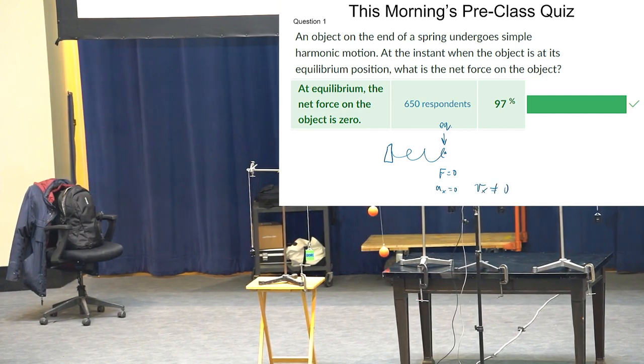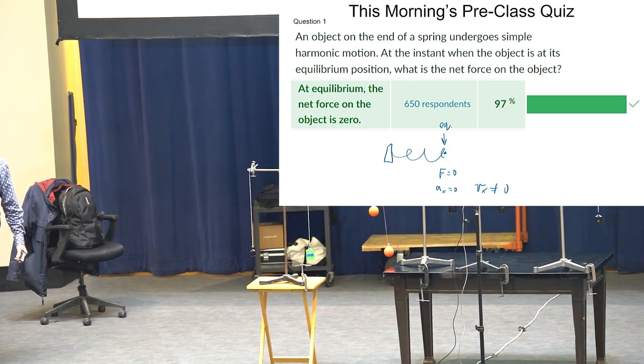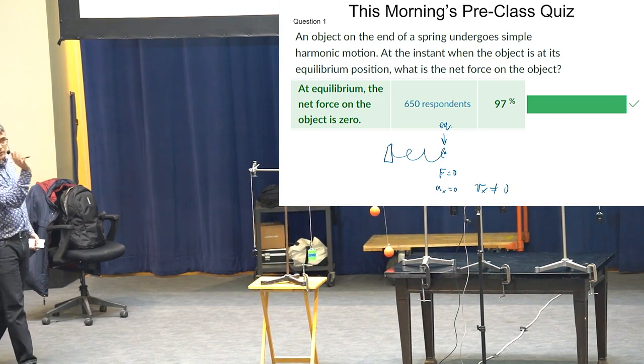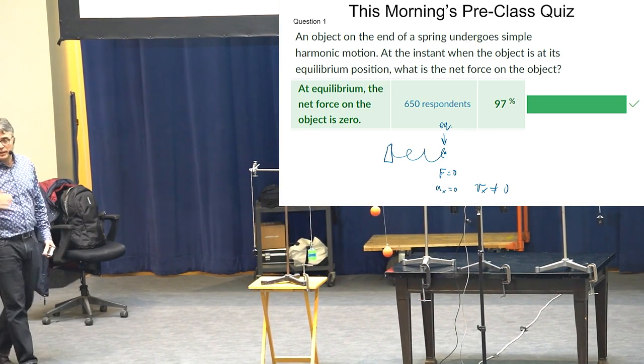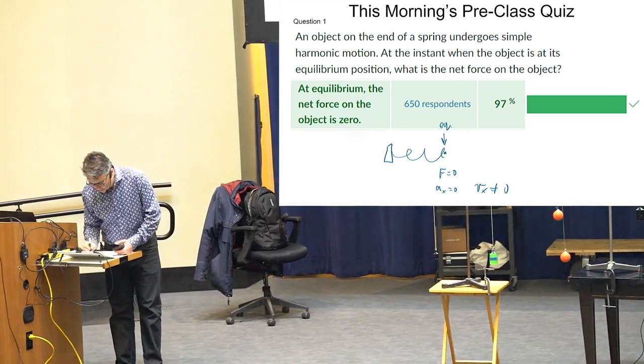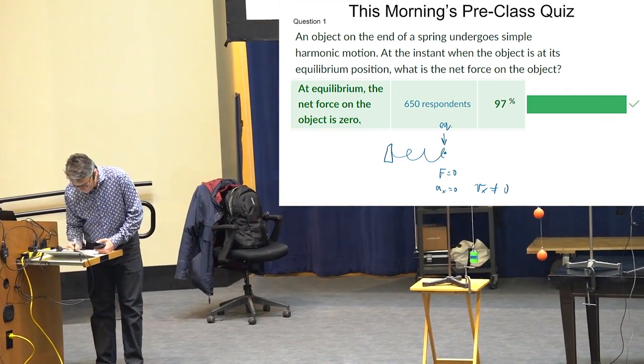In fact, it's at its maximum velocity because it's being pulled towards equilibrium. As soon as it gets past equilibrium, it's also being pulled towards equilibrium. So if it's going towards equilibrium, it's speeding up. If it's going away from equilibrium, it's slowing down. So the equilibrium position is maximum velocity, but the net force is zero.